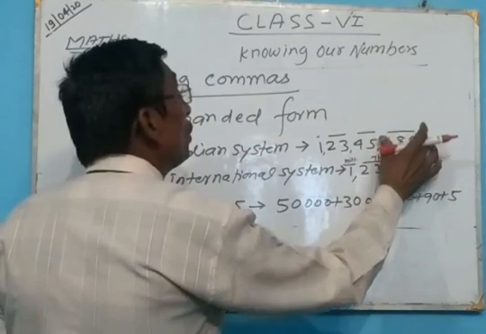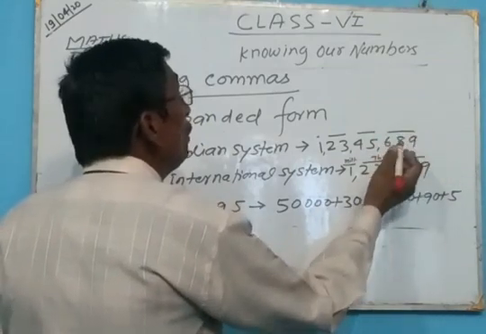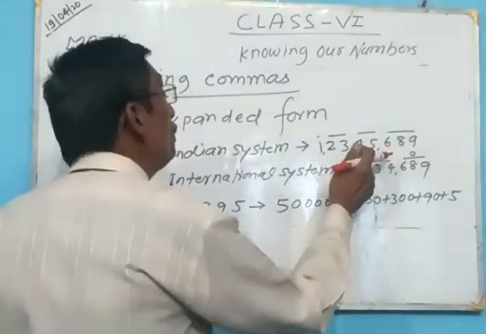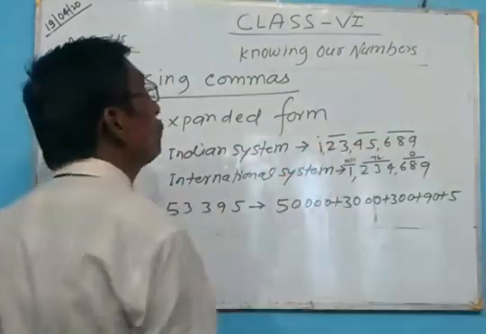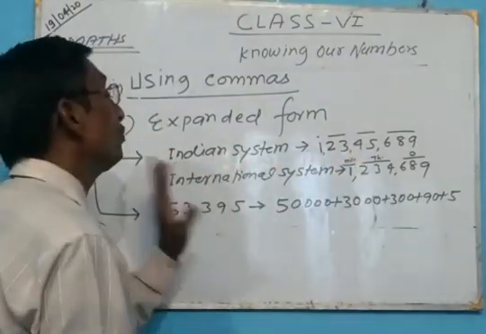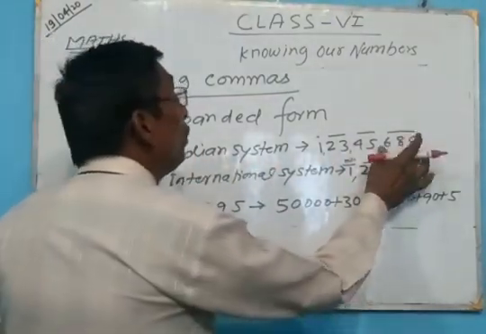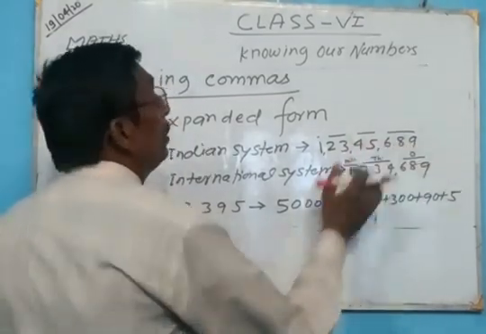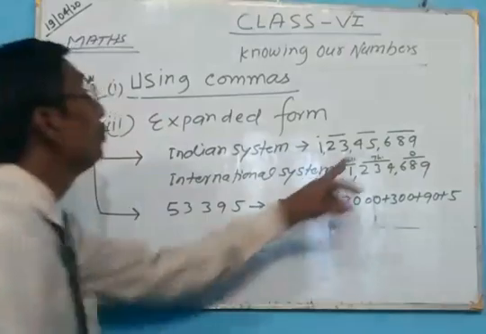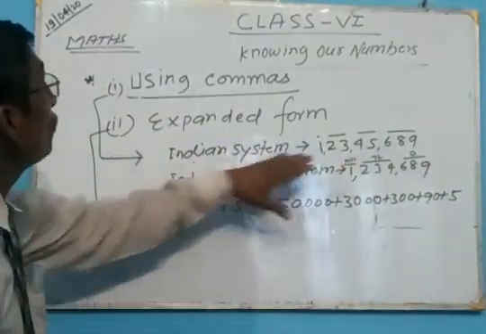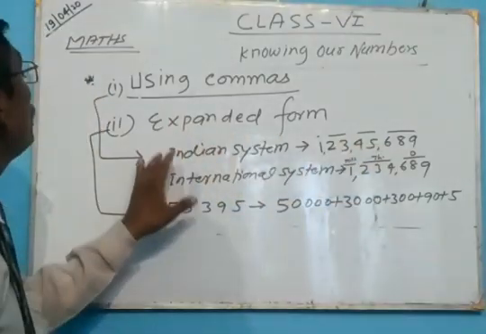First of all, in the Indian system, we use commas after 3 digits, then after 2 digits, then after 2 digits, and so on. That is the representation of commas in the Indian system.